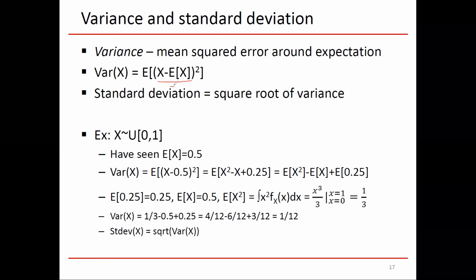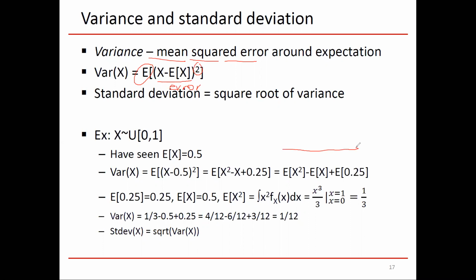So this is the error, and squaring it gives us the squared error. And we're taking the mean, which is the expected squared error. So that's the variance. And the standard deviation is the square root of the variance. So the variance has units of squares of numbers, and the standard deviation has units of numbers.